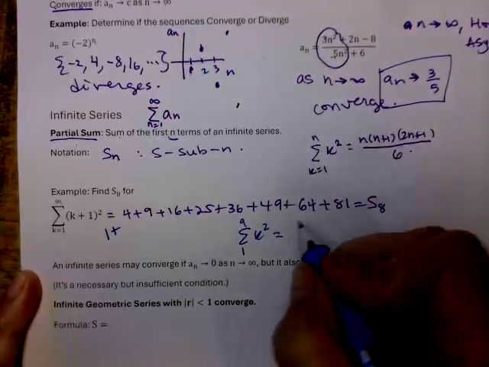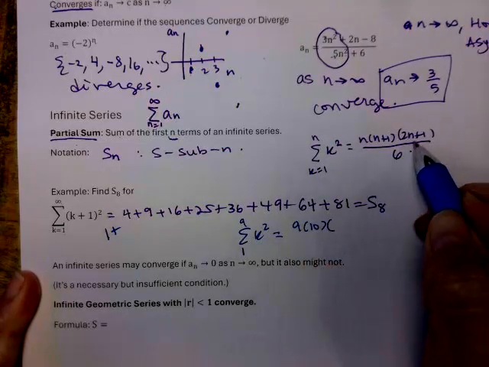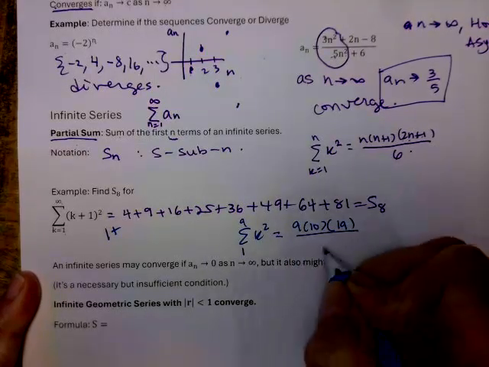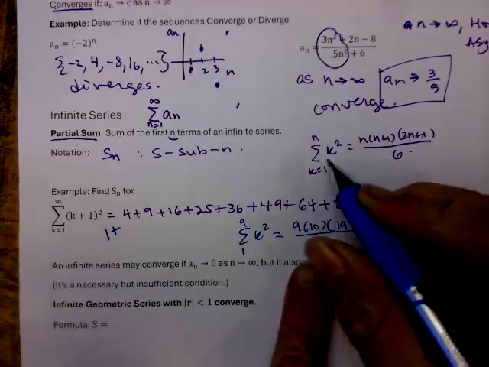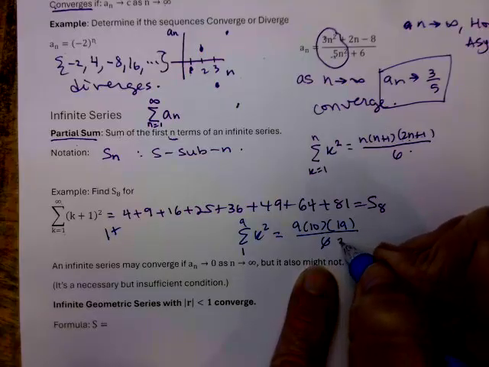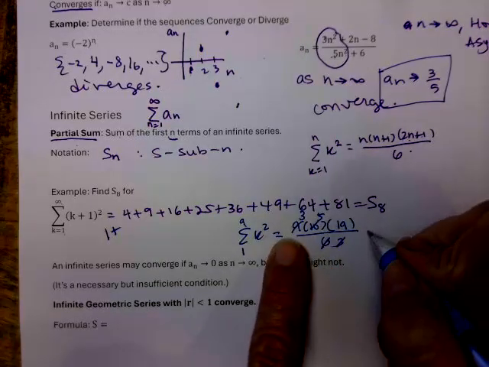Okay, my formula says that would be 9 times 10 times 19 all over 6. It doesn't go in evenly, but I can get rid of the 6. I take the 2, gives me a 5. I'll take the 3, gives me a 3.